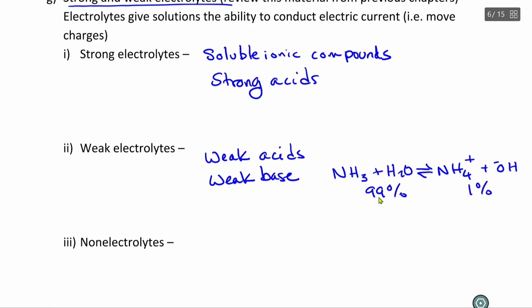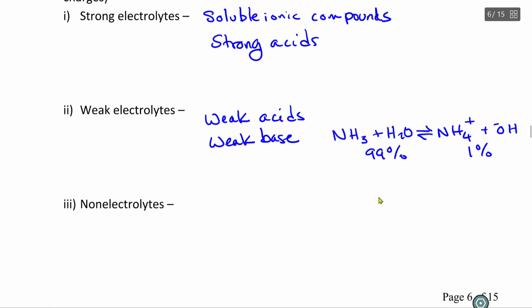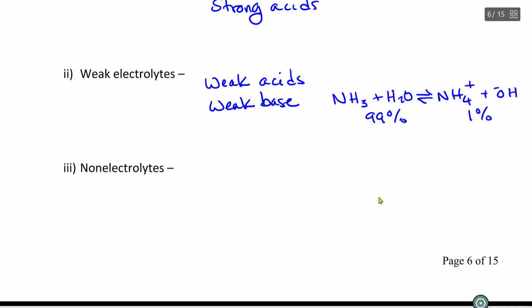So there are very few ions in the solution, just like for weak acids, and so these make weak electrolytes. For strong electrolytes, it's 100% dissociated or ionized. Those are strong electrolytes. And then we have the classification of non-electrolytes, and these are molecular compounds.